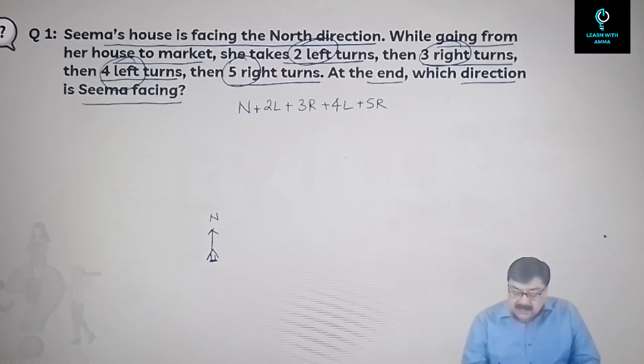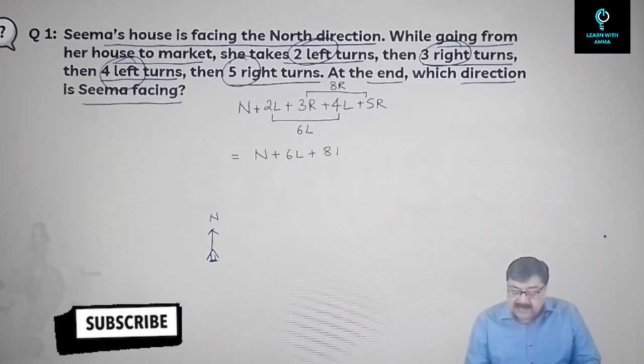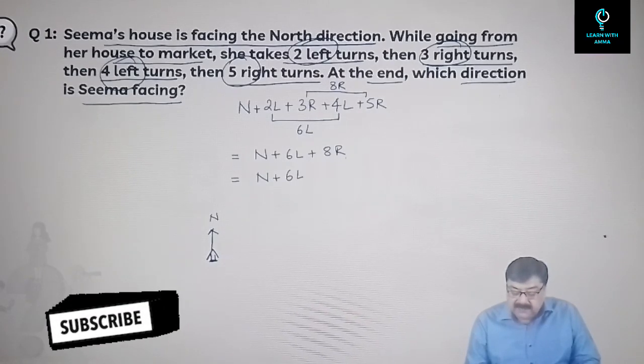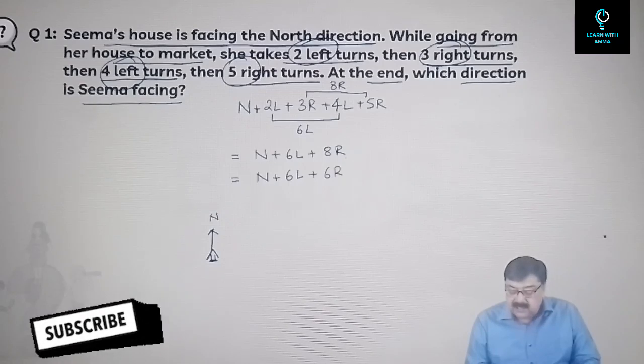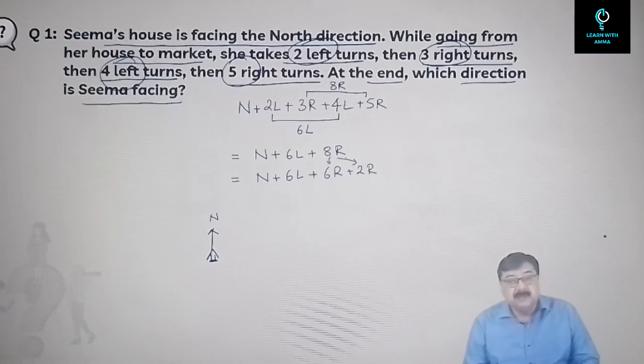Rather than doing that, we have already learned that 2 left plus 4 left, there are in total 6 left turns. 3 right turns and 5 right turns. In total, these are 8 right turns. So we can reduce this to north plus 6 left turns plus 8 right turns. Now we can rewrite this as north plus 6 left turns plus 6 right turns plus 2 right turns. Well, 8 can be split into 6 plus 2.